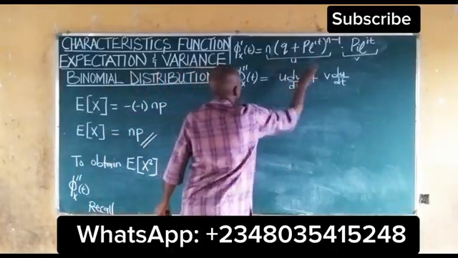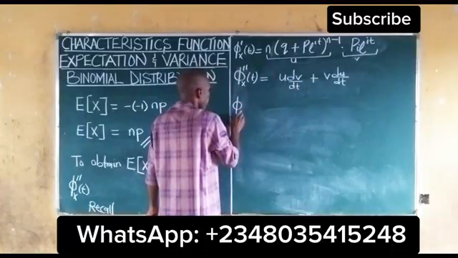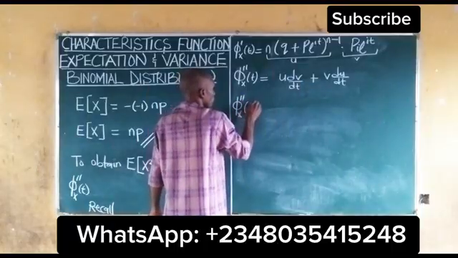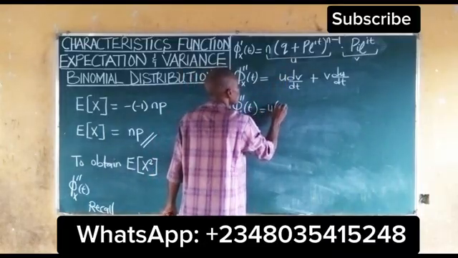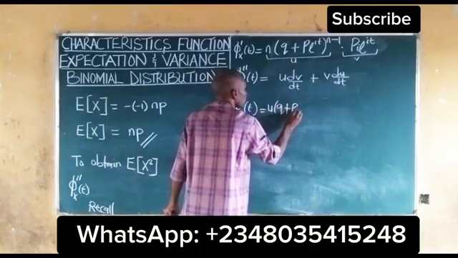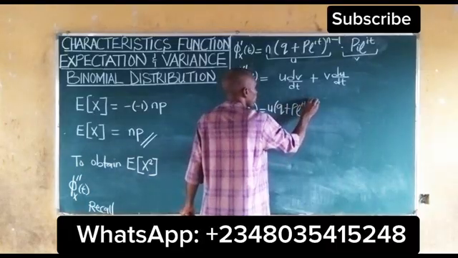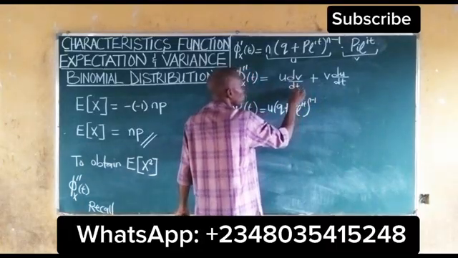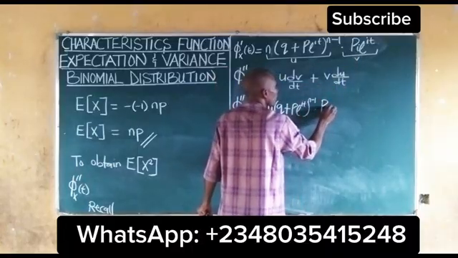So the whole of this function is our u. So we write it as, our u becomes, we bring it as u into (q + pe^{it})^{n-1} dv/dt. That means we differentiate this, we get pi.